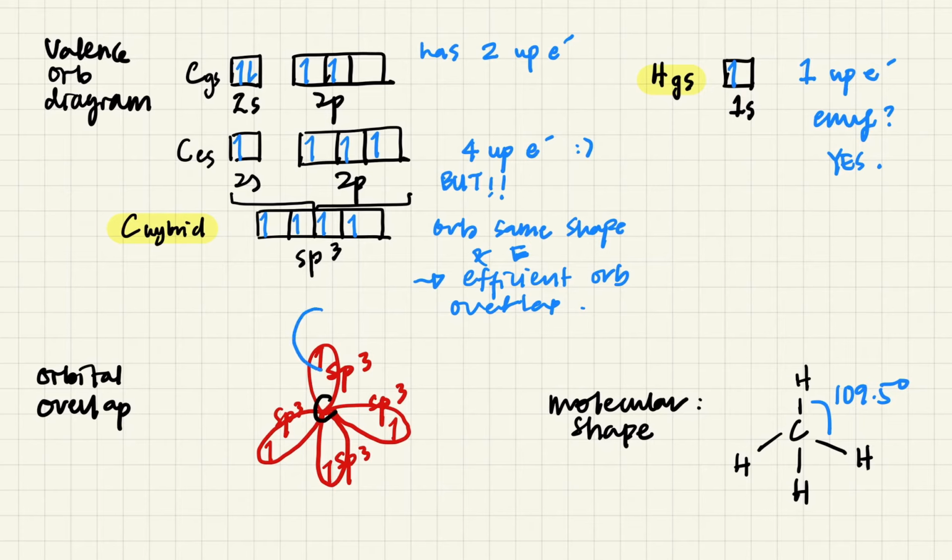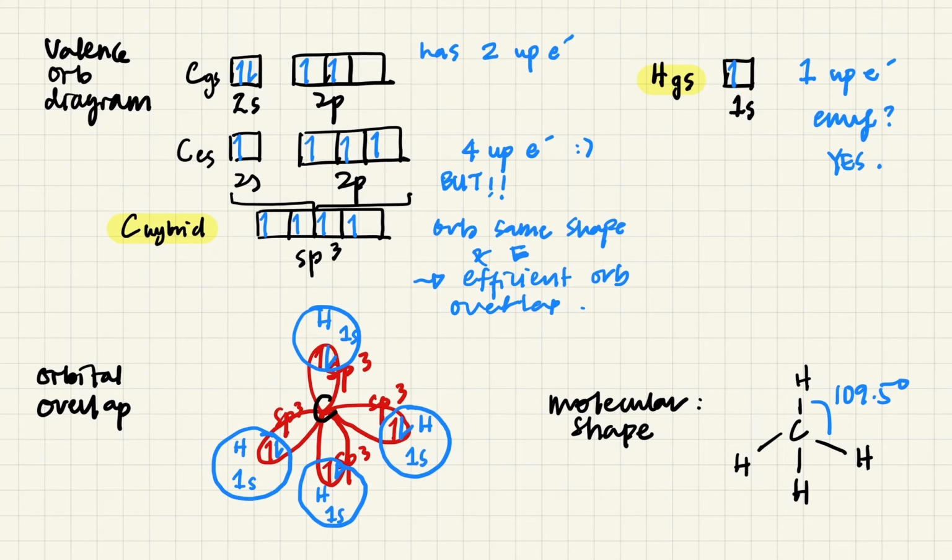So draw a circle for the orbital overlap. So you have hydrogen, 1s. And then you have 1 electron. So now it's paired up. So draw that for each of the sp3 orbitals. Hydrogen 1s, pair up electrons. Hydrogen 1s, pair up.